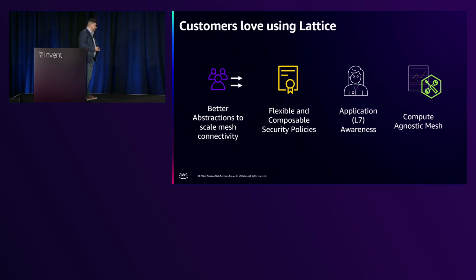Customers love using Lattice for many reasons, among them better abstractions. So, thinking back to PrivateLink, it is a point-to-point client-initiated connection. This is really simple and it's great to get started. But at scale, managing thousands of PrivateLink services and thousands of PrivateLink connections can become a challenge. The abstractions that Lattice provide help developers manage those scenarios and help scale elegantly.